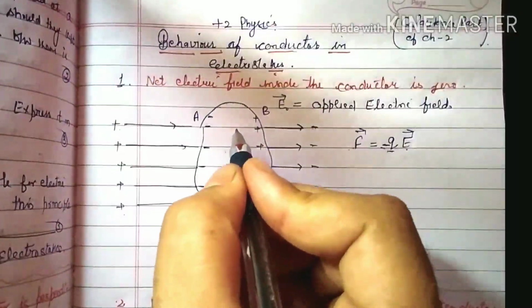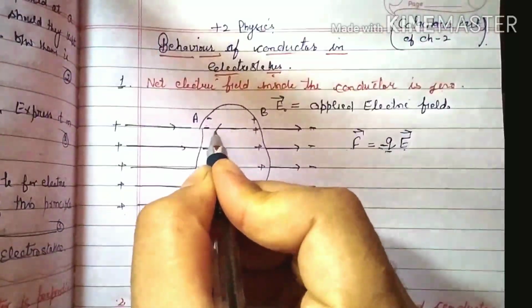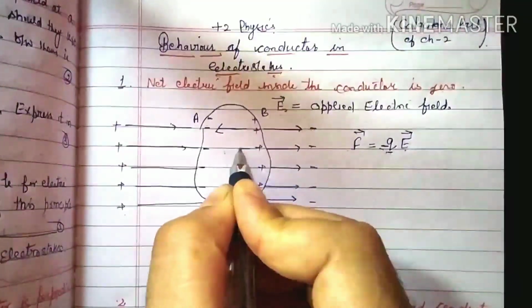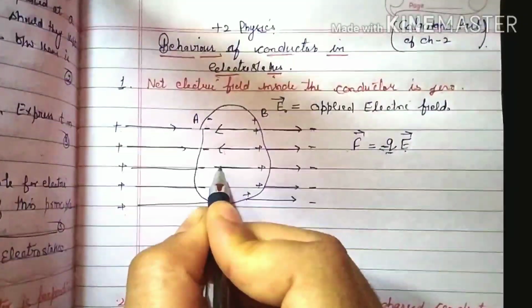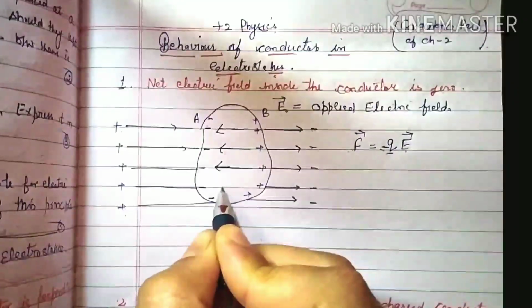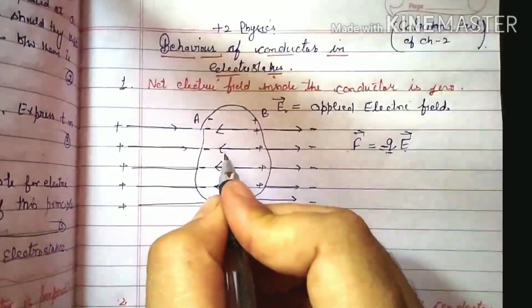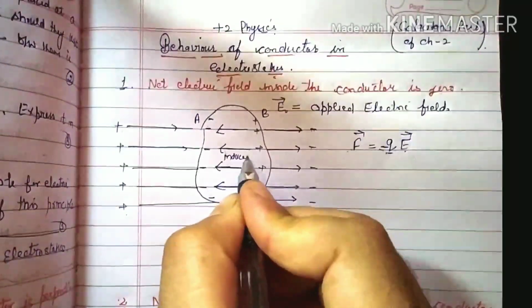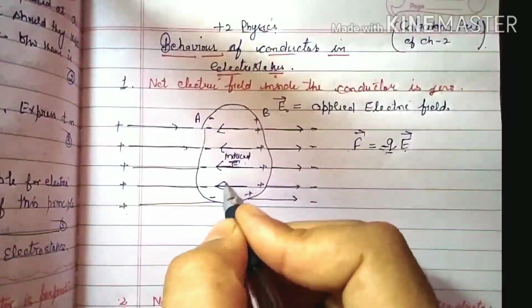Due to this rearrangement of the electrons, there is an electric field inside the conductor, from positive to negative. This is an additional, induced electric field inside the conductor.